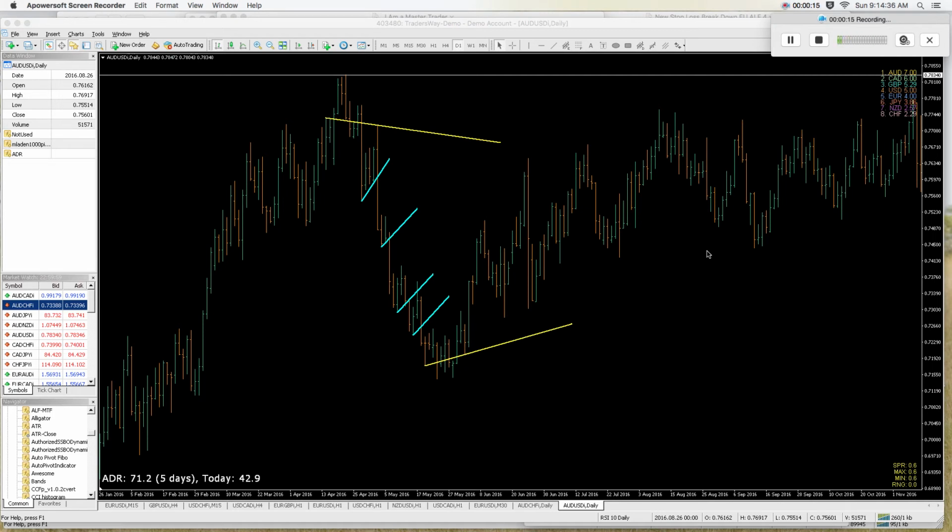Okay, let me just go ahead and get started. We're looking at an Aussie dollar 1 day chart, daily chart, and this time period I picked here begins in April of 2016.